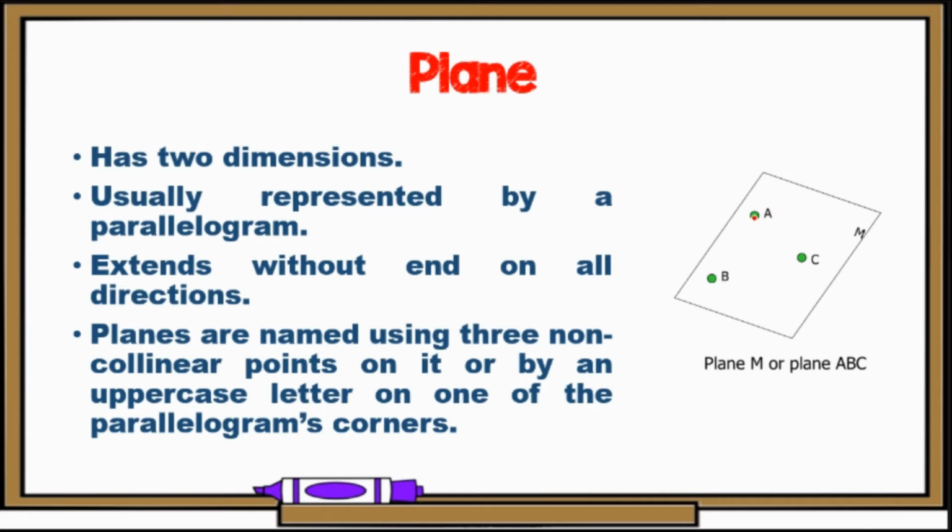So we have here 3 non-collinear points, A, B, and C. So you can call this plane ABC or plane CBA or plane BAC. It's up to you. As long as you are using the 3 letters or the 3 points on the plane, it will be acceptable.